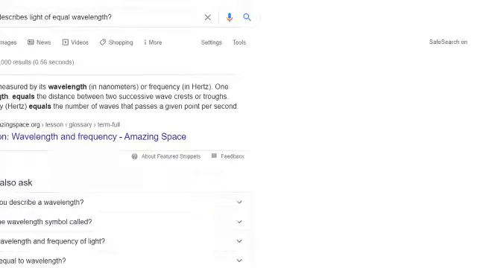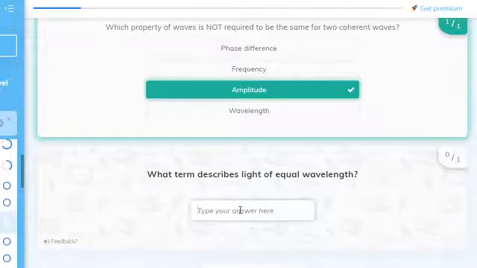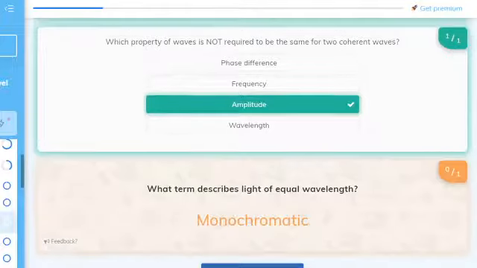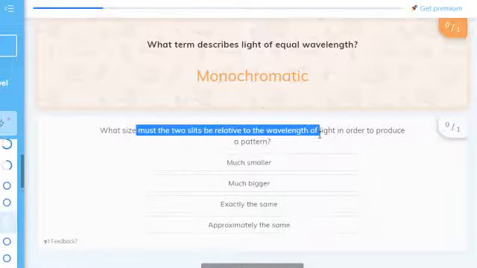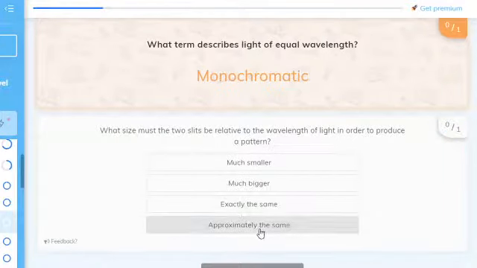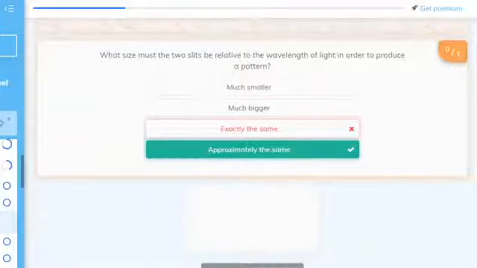Let's find out what it actually means. What term describes light of equal wavelength? Monochromatic, yeah. What size must the two slits be relative to the wavelength? Well, no, they have to be the same to make it fair.